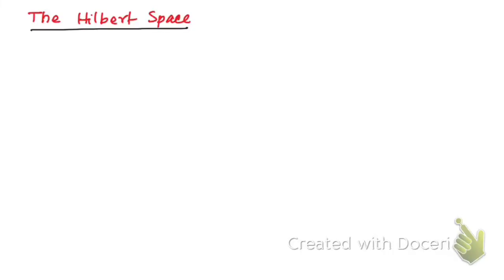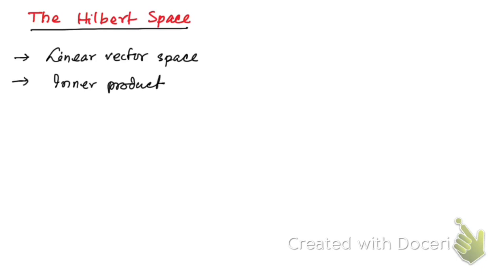Hilbert space is also a linear vector space. That means it must have all the properties that a linear vector space has, and it must obey all the properties of inner products, which I have already explained.